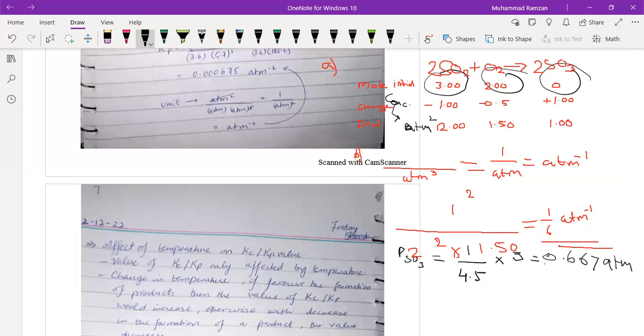Now come to partial pressure of SO2. Individual moles are 2 over 4.5 multiplied by 3. Please calculate this. 6 divided by 4.5 comes out 1.33. Please check, is it the answer?